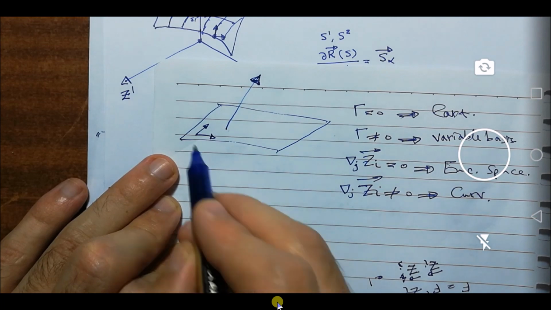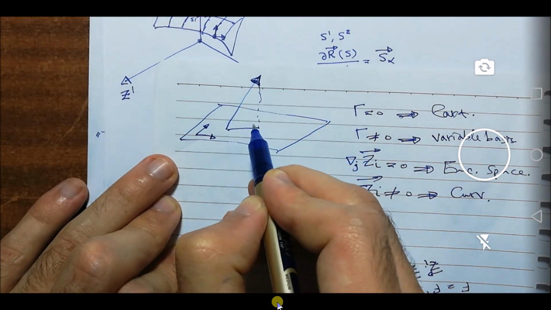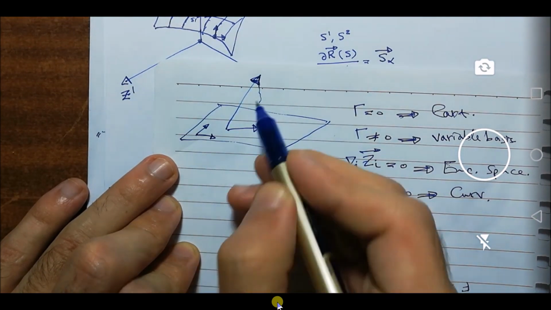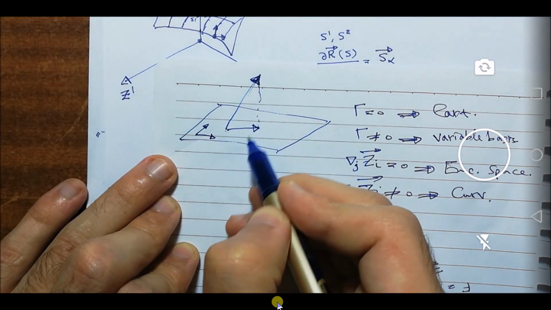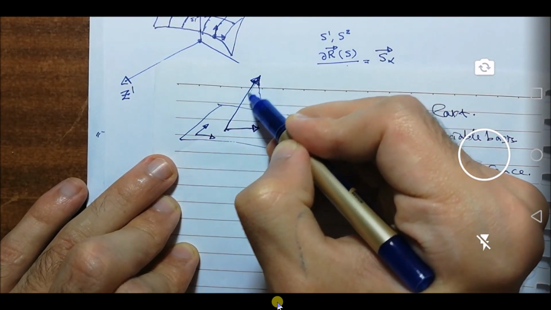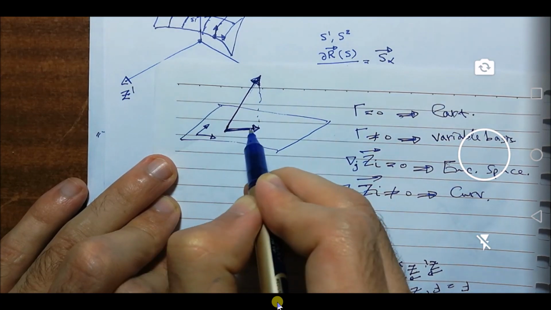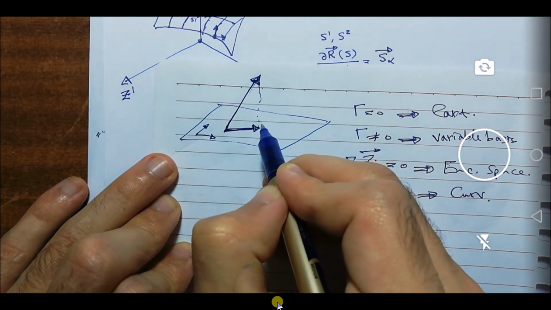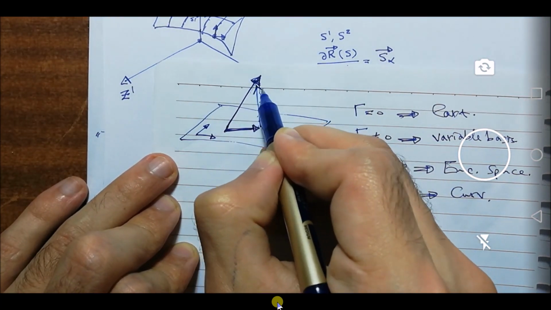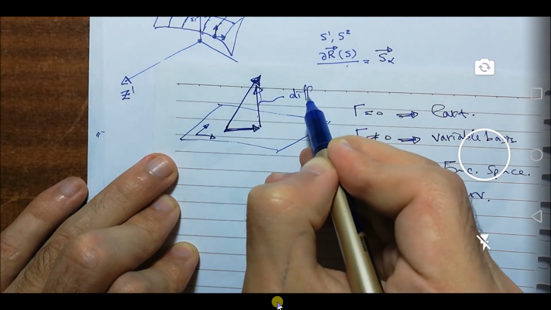Then the best representation you're going to get is something like this, which is the projection of this vector onto this plane. And then if you try to subtract the original vector from its representation or projection onto this plane, then this is going to be the result. This is the difference vector.